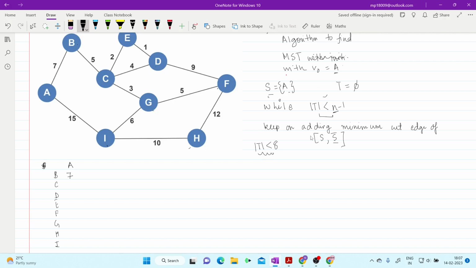So in the first step we are starting with A. S is A and all the rest of the vertices belong to the complement. A is connected to just B and I. So in the first iteration, what is the edge with minimum weight?